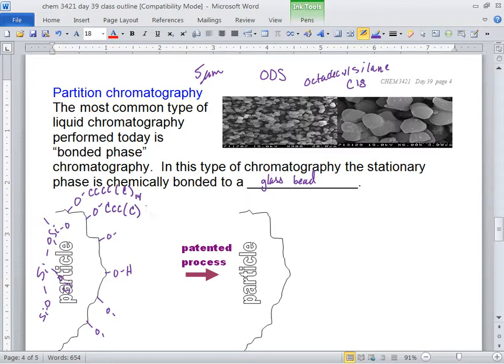So you just have a big long carbon chain. I got 3, so I've got 15 there. Well, let's just write C14. And you have to put all your H's in there, but I think you got the idea, right? Oh, I did it on the wrong one. Our patented process gets us there.